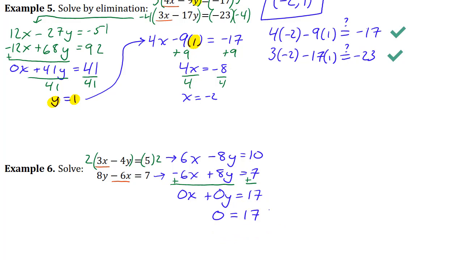But no matter what x and y are, 0 is not 17. This equation is just false for all values of x and y. So that means this has no solution.